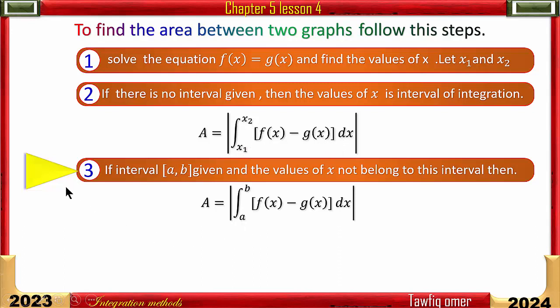dx. Step 3. If interval [a, b] is given and the values of x do not belong to this interval, then the area is equal to the absolute value of the integration from a to b of f of x minus g of x dx.